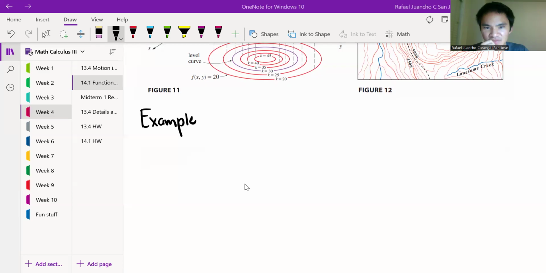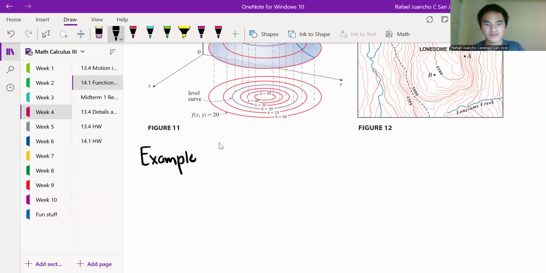I'm gonna skip some examples here, just because. There's also three variables, which is funny. Okay, let's do one example and then we can just hop into the exercises.